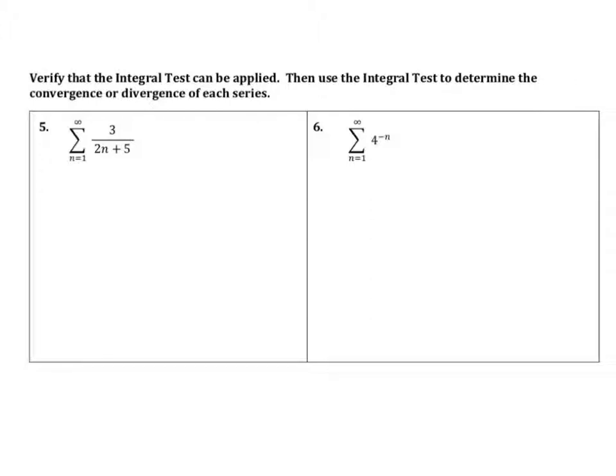But to go through that integral test with this seems kind of silly, because we can go back to our limit comparison test, and that will give us all that we need. The only stipulation was that we have positive values, and this will be positive. The limit comparison test is great if I can compare it to 1 over n, which diverges, or 1 over n squared, which converges.